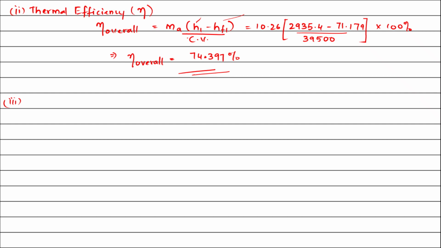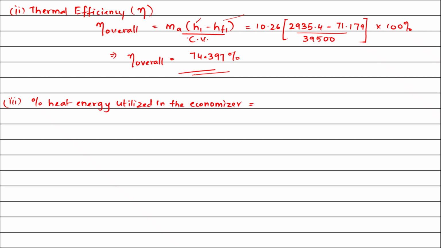Now thirdly, I am supposed to find out the percentage of heat energy utilized in the economizer. This will be a small variation of the overall efficiency expression itself.